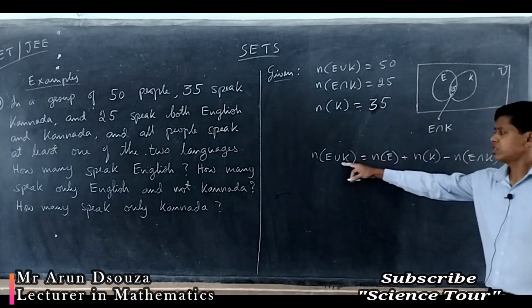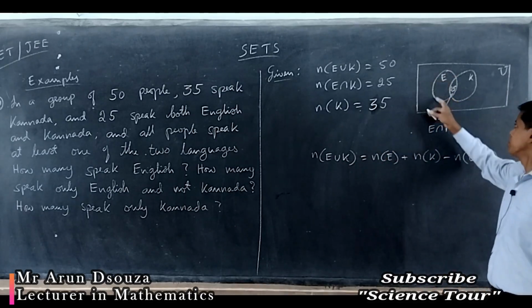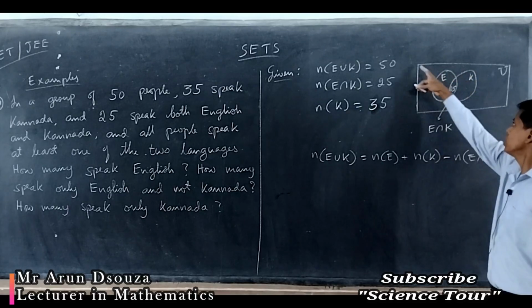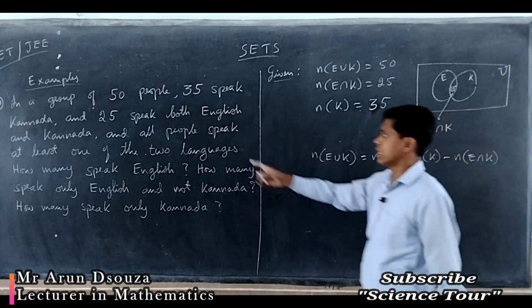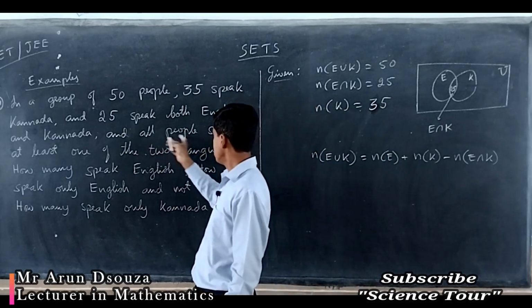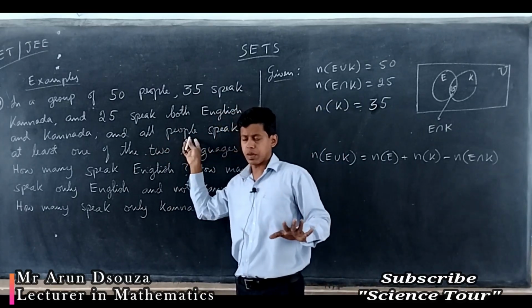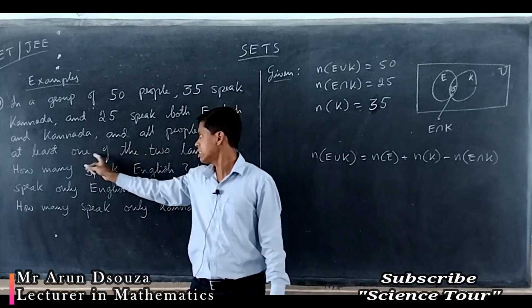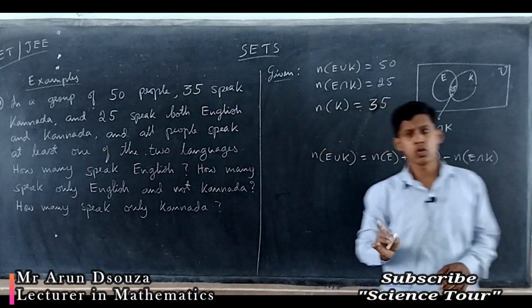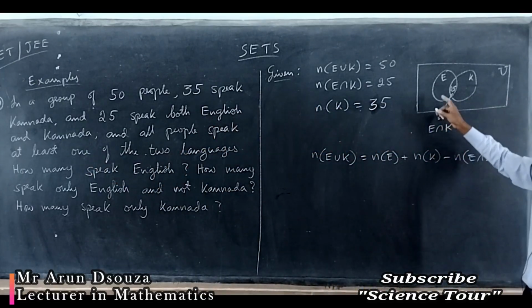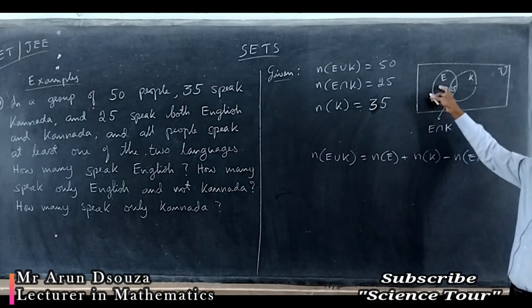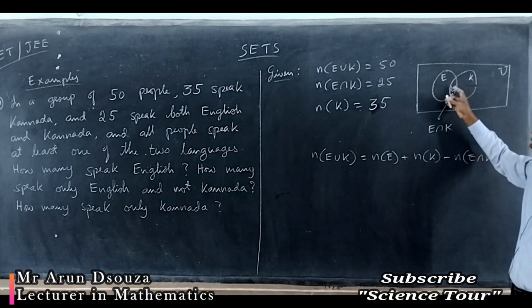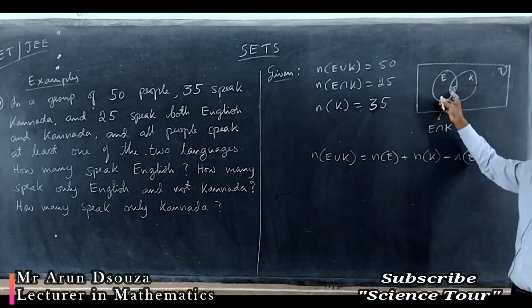Now I am saying union is this region, correct? Universal is this total region. Now what is being said? All these 50 people speak at least one of the two languages. They either speak only English, or only Kannada, or both.